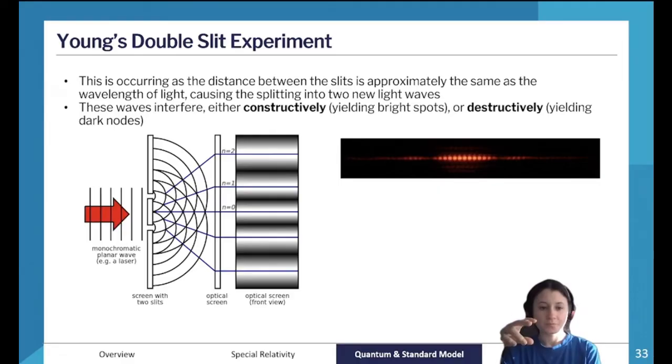So what you need to remember for an external on this topic is a brief explanation of why Young's double slit experiment showed that light could behave as a wave.